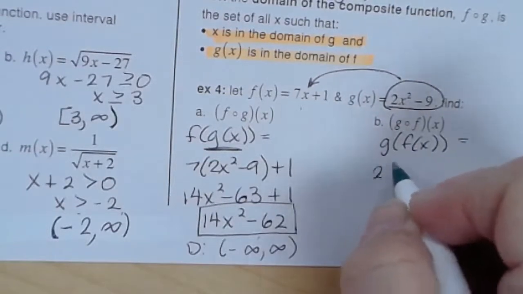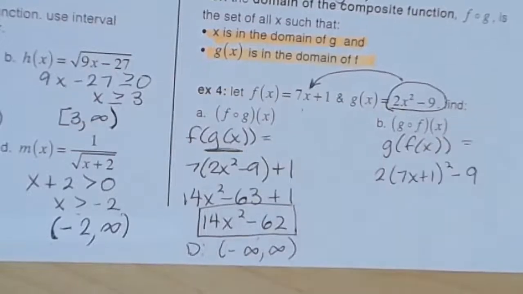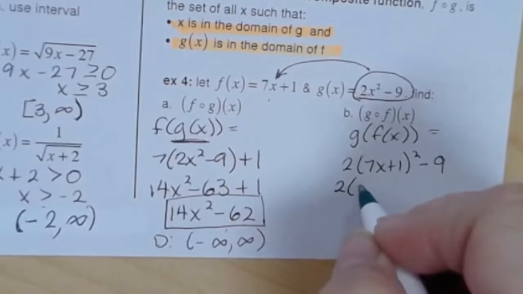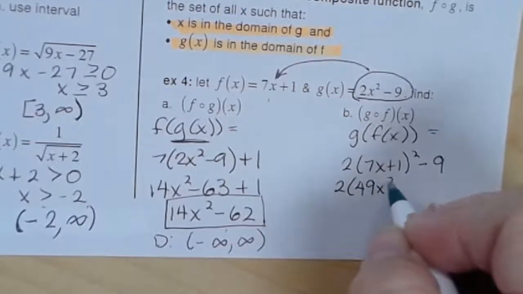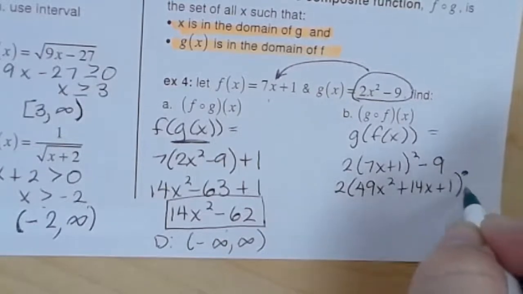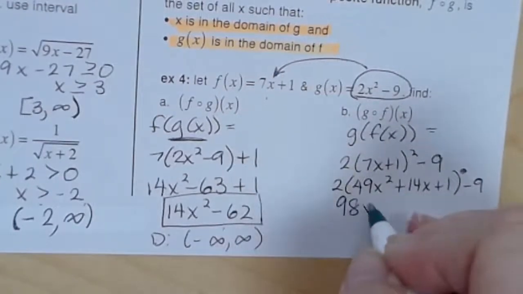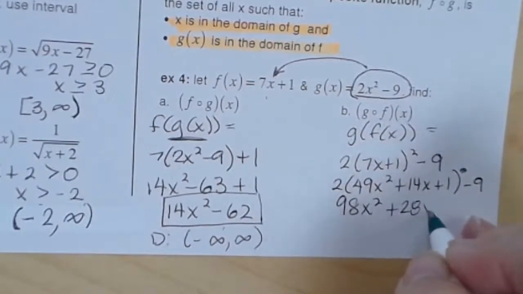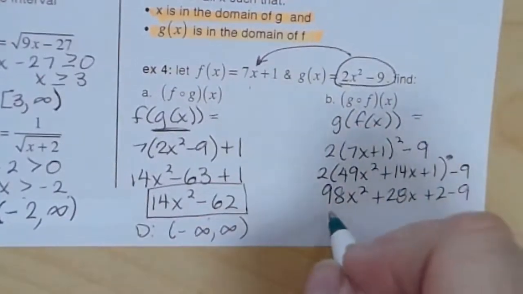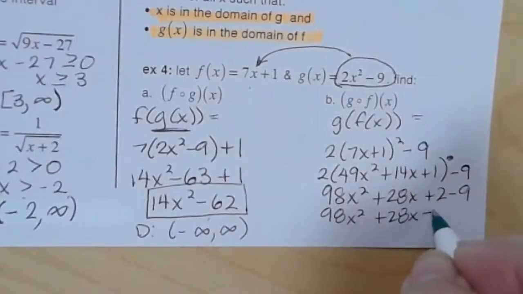So then I go 2 times (7x plus 1) squared minus 9, which gives me 2 times (49x squared plus 14x plus 1), no more square, minus 9, which gives me 98x squared plus 28x plus 2 minus 9. If I simplify that, I get 98x squared plus 28x minus 7.